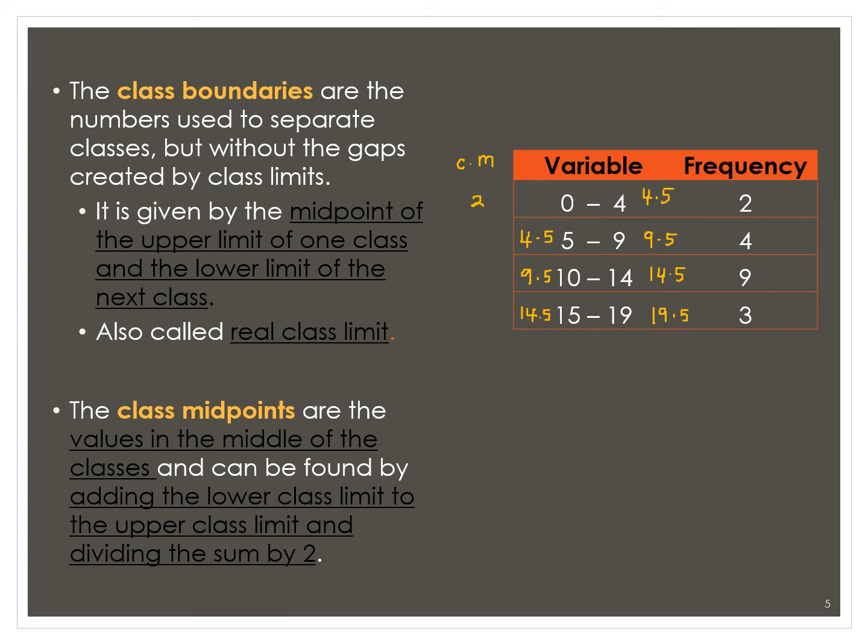Then 5 plus 9 is 14, over 2, which is 7. Then 10 plus 14 equals 24, over 2, we get 12. Then 15 plus 19 is 34, over 2 is 17. So these are the class midpoints.